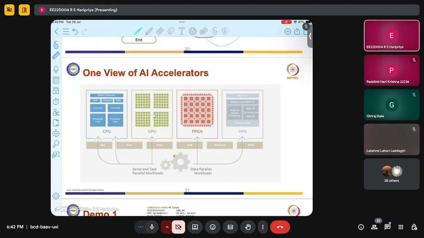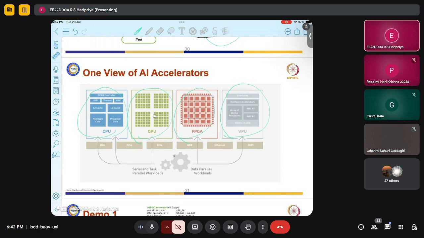One view of the AI accelerator: we have a CPU, a GPU, FPGA, and a vector processing unit. Say we have a serial task as well as a parallel task.